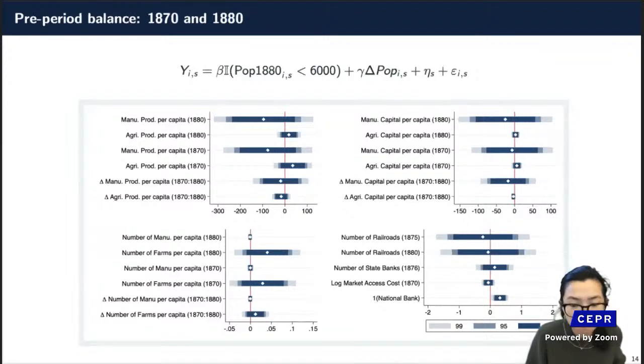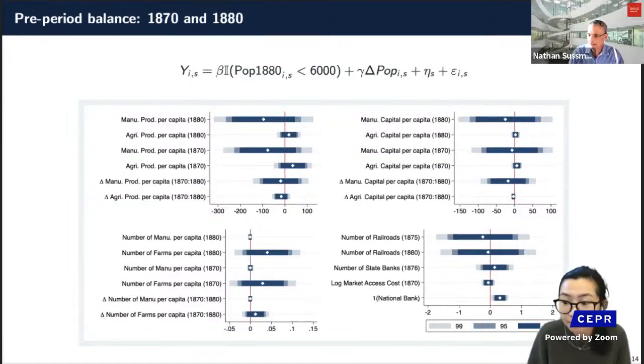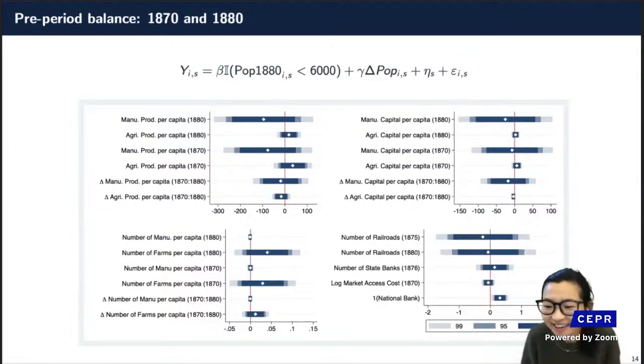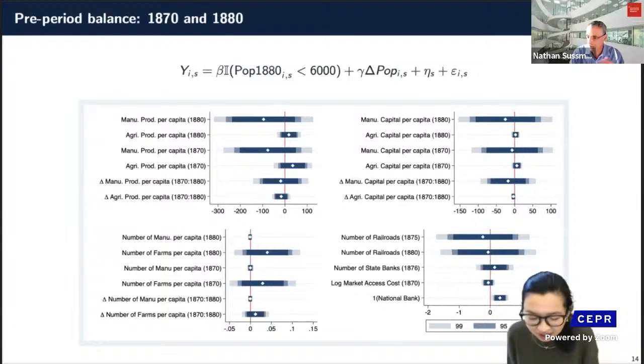So you show us some impact of banking on some occupations and some within agriculture, but I don't see the pre-treatment balance levels on these variables.